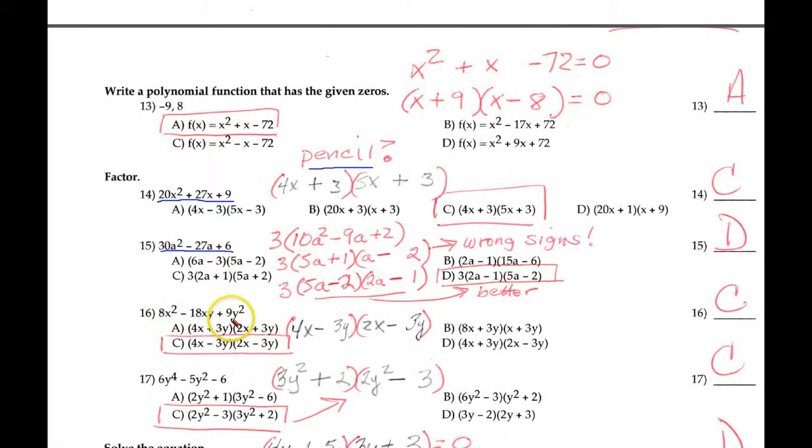Here again, it looks challenging, and you might have tried an 8 and a 1, but these numbers are not big enough for that. So I tried a 4 and a 2 with pencil, then a 3 and a 3, and I noticed my middle sign was negative, but my end sign was positive.